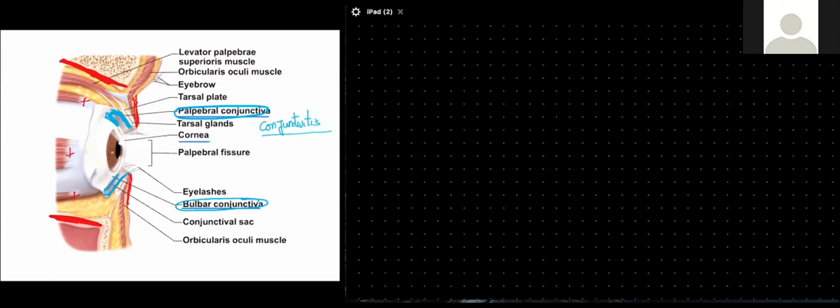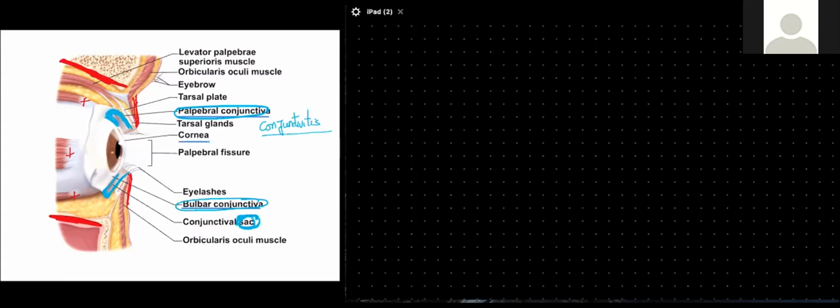If we see the two parts of the conjunctiva, we'll see that we have a part of it that is neither covering the eyeball from outside nor lining the eyelid from inside. We call this my conjunctival sac. What is the main function of the conjunctiva here?